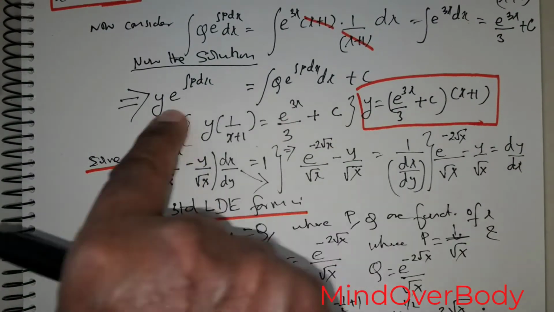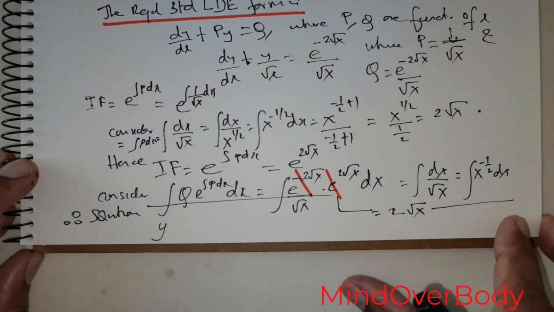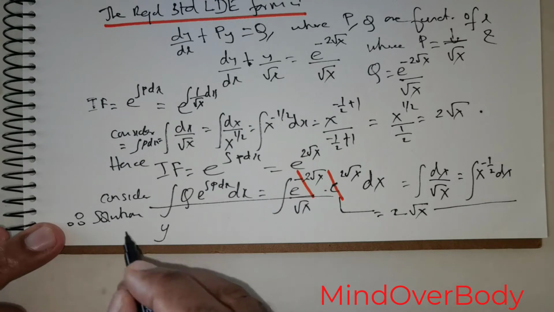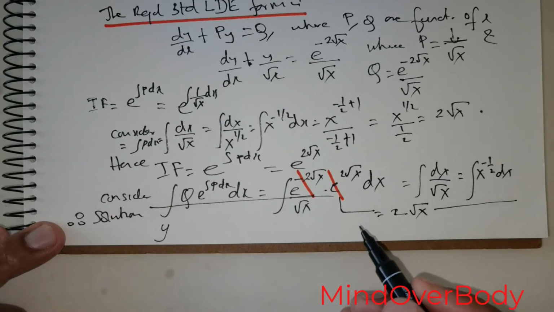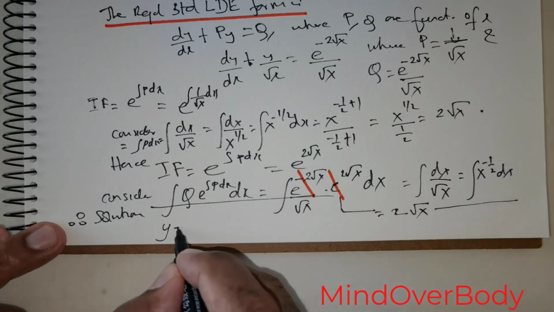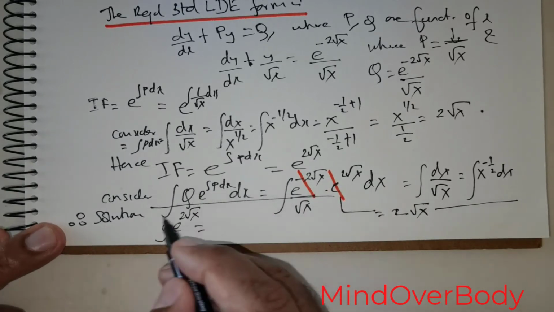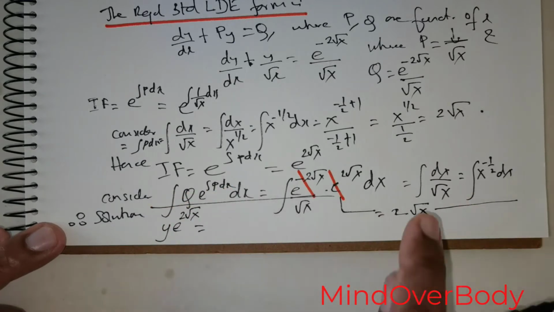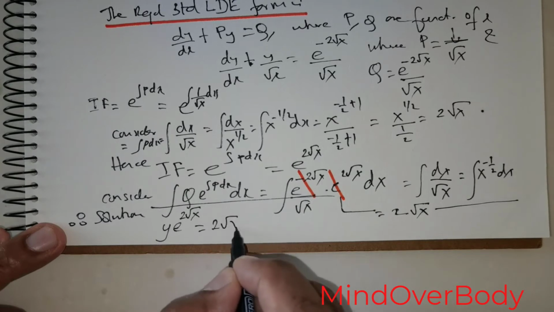I will just substitute it, probably because of the lack of space. So y times e raised to the power of integral p dx, where our integrating factor is going to be y times e raised to the power of 2 times root of x, is equal to this quantity. This quantity is nothing but 2 times root of x. So just substitute that 2 times root of x.